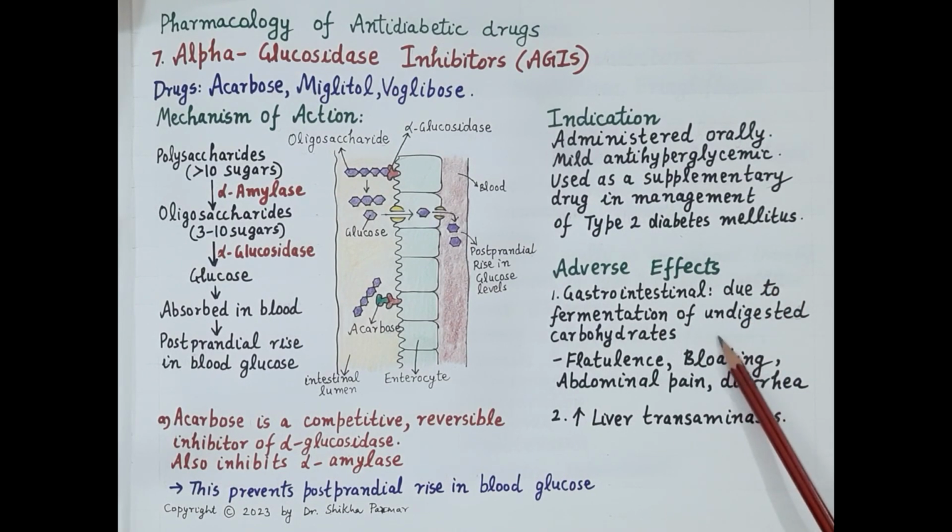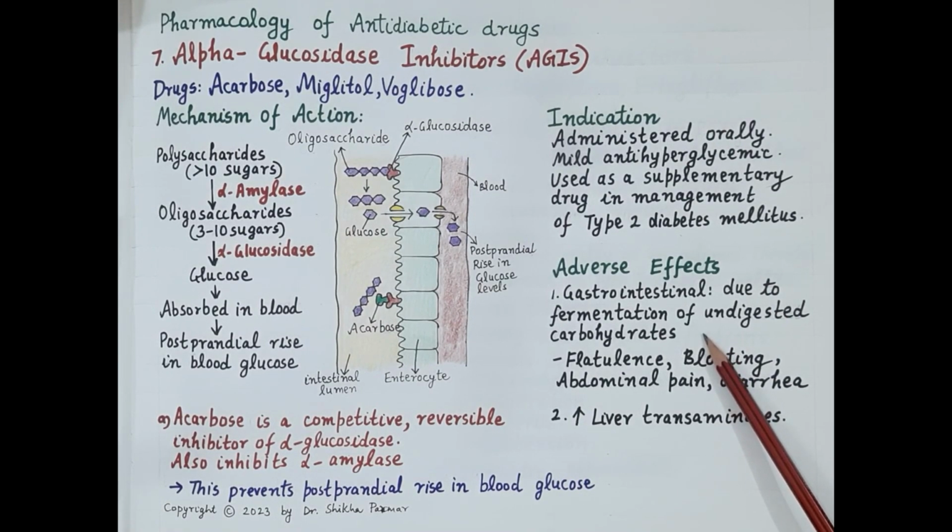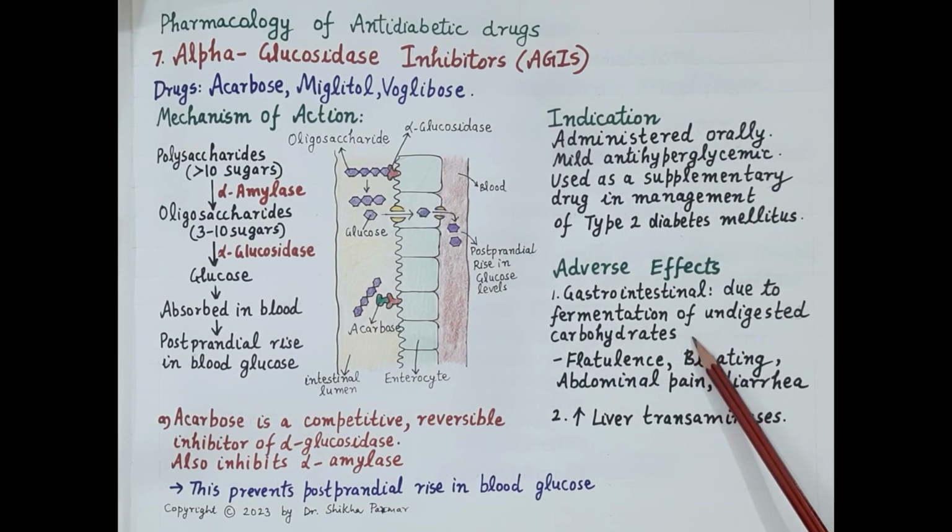Then adverse effects. As acarbose prevents digestion of carbohydrates, undigested carbohydrates in the colon are acted upon by the colonic bacteria. So, colonic bacteria cause fermentation of undigested carbohydrates, which causes excessive generation of gas.